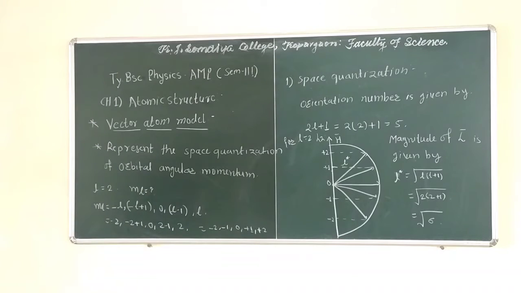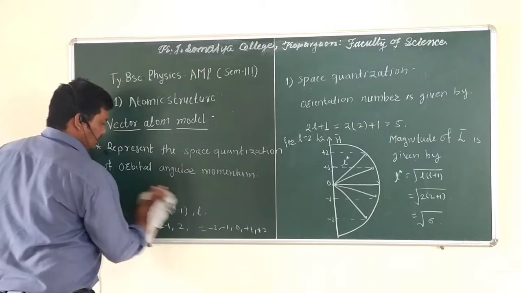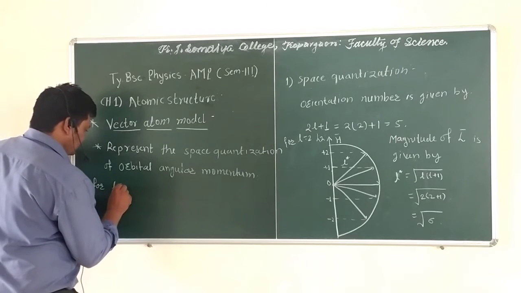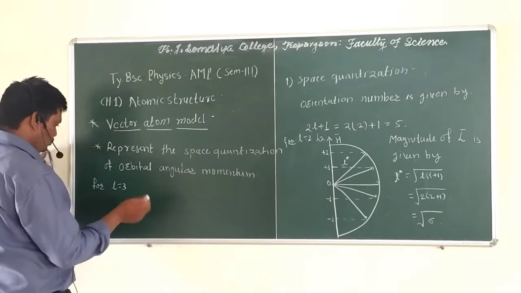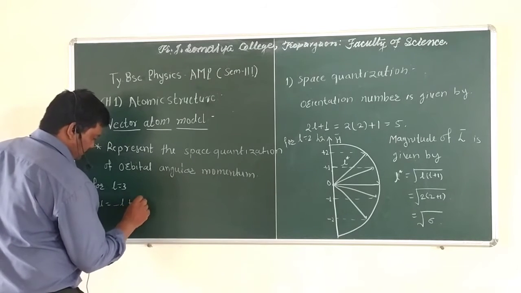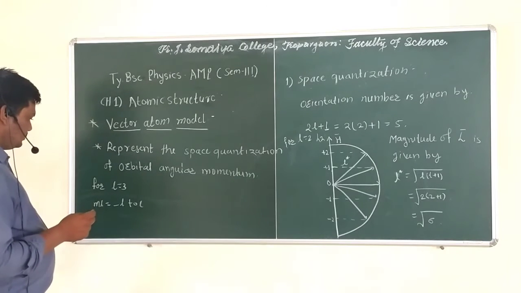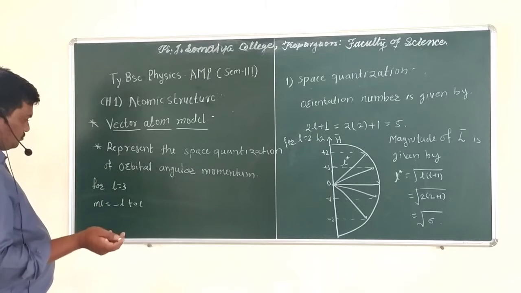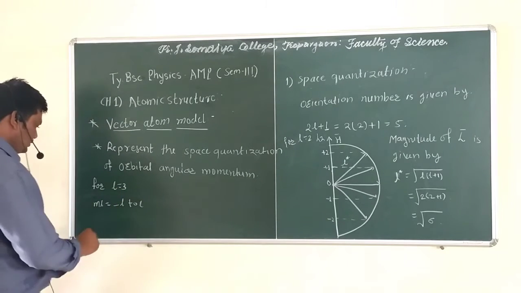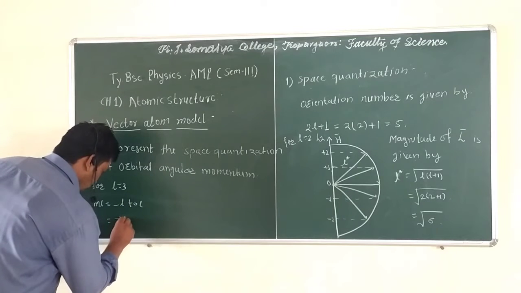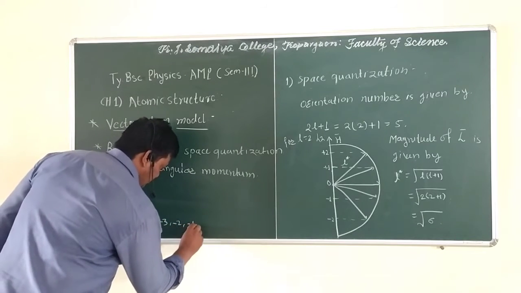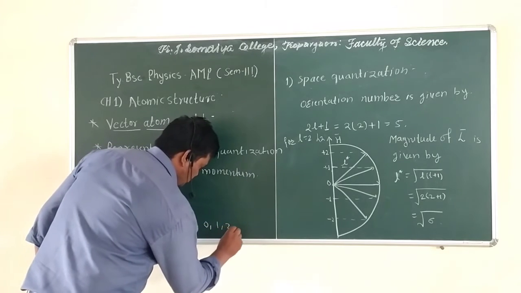Now consider L equal to 3. The ml value is given by minus L to plus L. The general formula is minus L, minus L plus 1, minus L plus 2, 0, L minus 2, L minus 1, and L. So for L equal to 3, it is minus 3, minus 2, minus 1, 0, plus 1, plus 2, and plus 3.